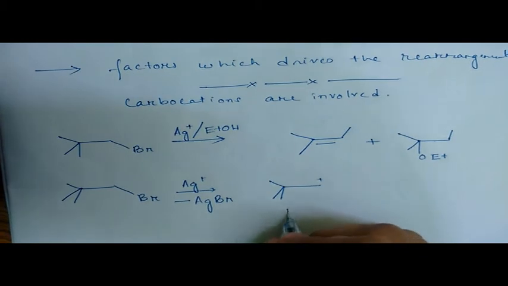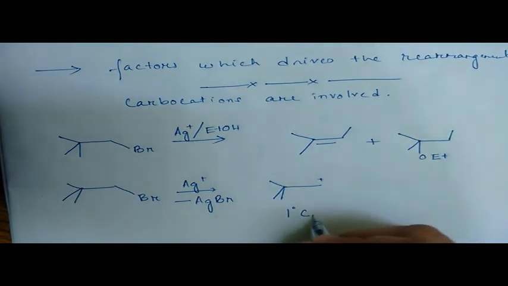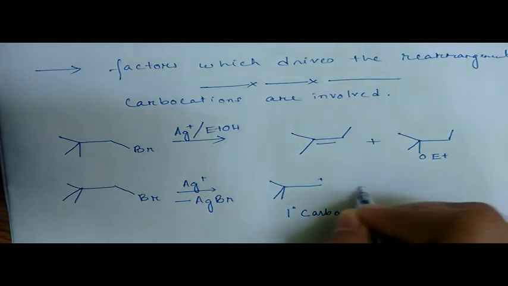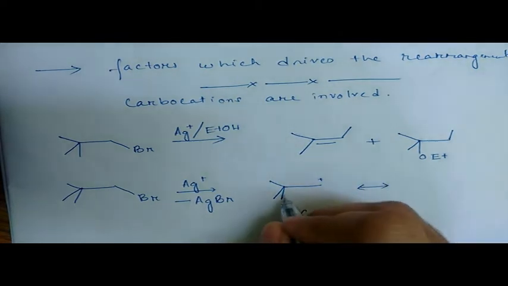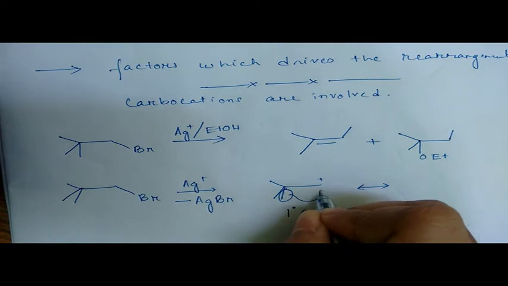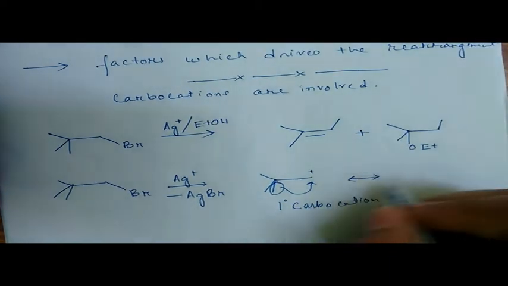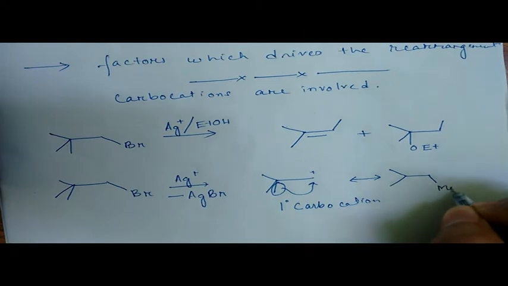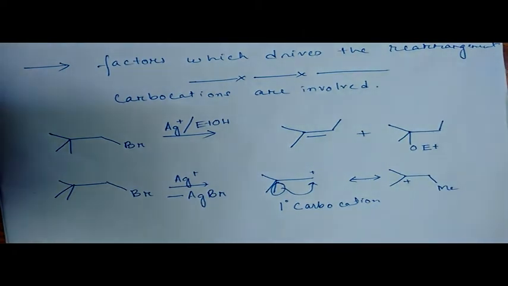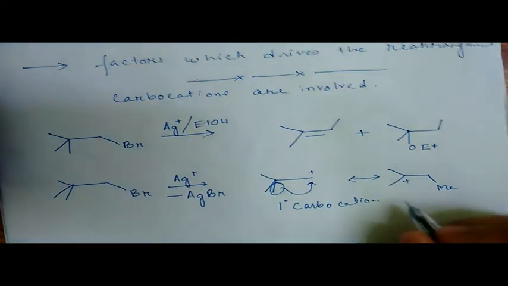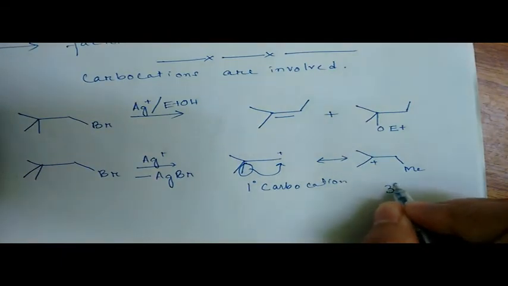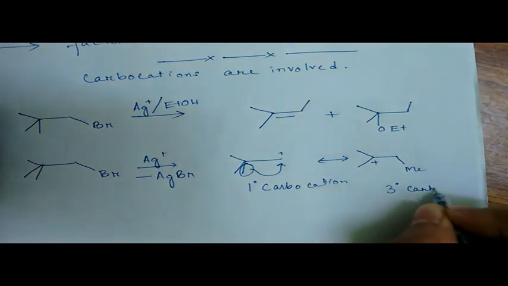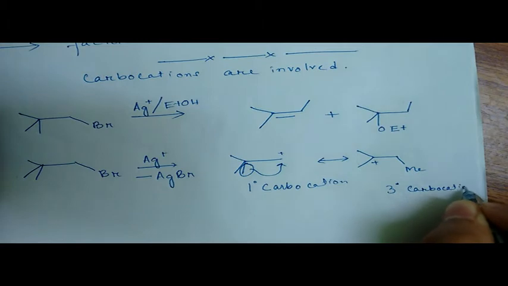Since this carbocation is a 1 degree carbocation, it gets rearranged, meaning this methyl group will shift to this position, to give us methyl in this position and the positive charge here. What we see as the difference is that this is a 3 degree carbocation.